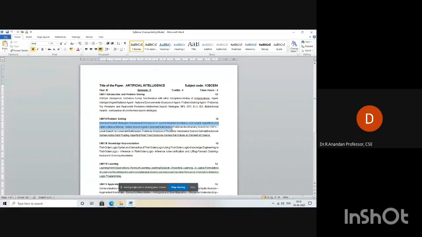You have constraint satisfaction problem, backtracking in constraint satisfaction problem, local searches for constraint satisfaction problem, structure of problem, adversarial search, alpha beta pruning, and the decision trees, game decision trees, and the element of chances. This is a very important unit. As Unit 1, Unit 2 also is very important. It's a base for artificial intelligence.